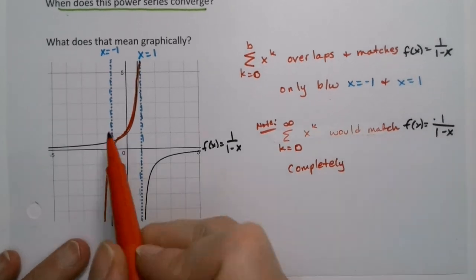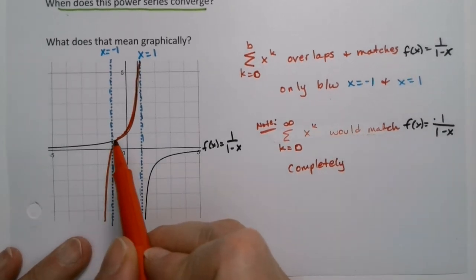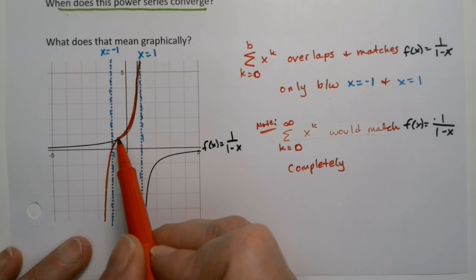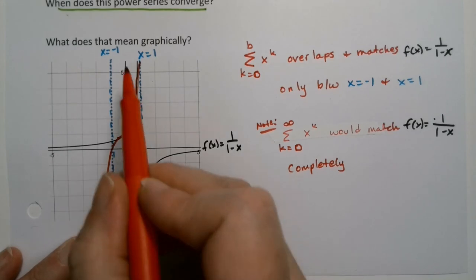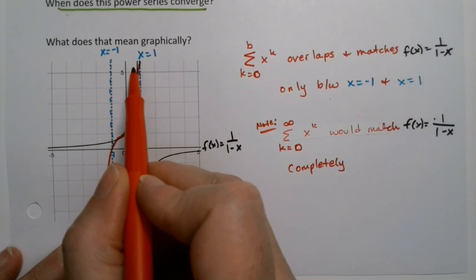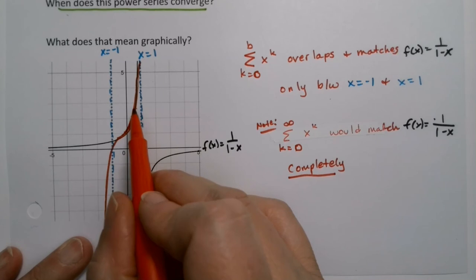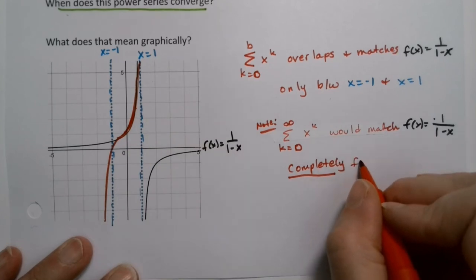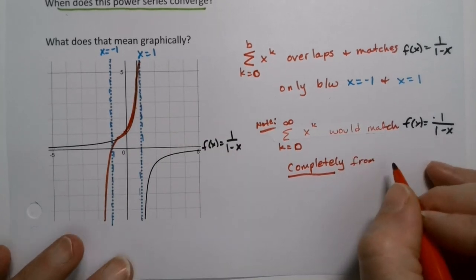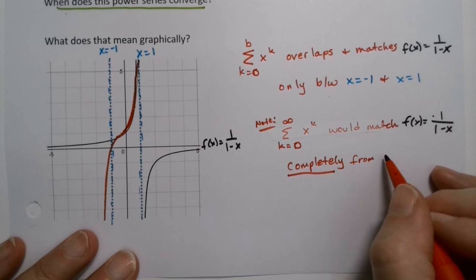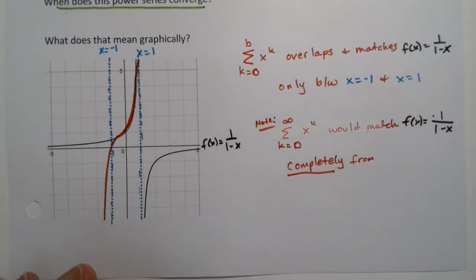Because we're not having that completeness because we're stopping. So when you're looking at my Desmos graph, I stop it at, you know, b equals 50 or whatever. So there's still a gap there, and there's actually still a gap up here, but that will go away and it'll completely match from -1 to 1, with the exceptions possibly of -1 and 1 themselves.